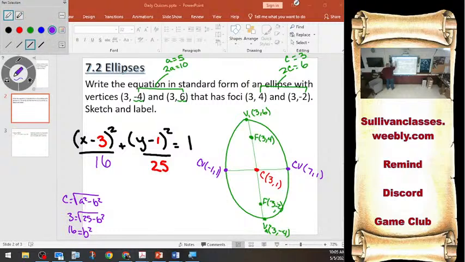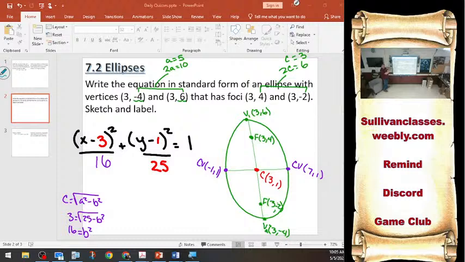We gotta do this one a little weird because of all the interchangeable parts and one thing domino effects into the next. So what I'm gonna say is, did you get your center and have it put correctly in your equation? Did you get your A value correct? Did you get your B value correct?